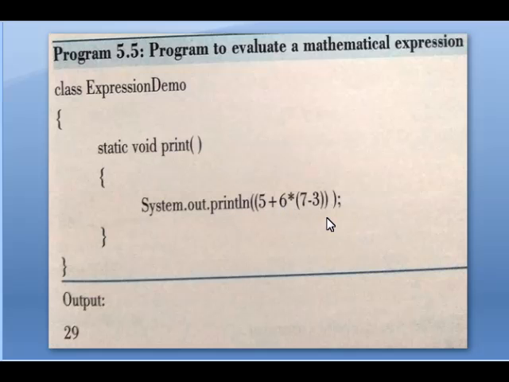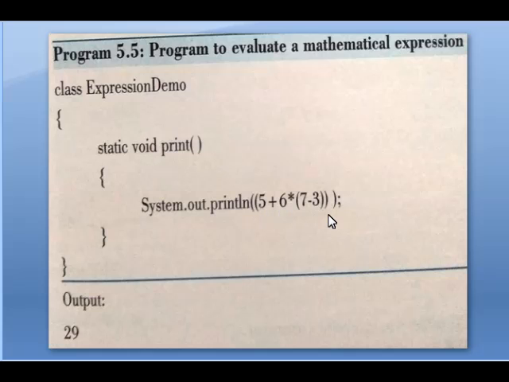So here there are two brackets for the expression. Here you are seeing three closed brackets, one for the statement. This statement System.out.println also has a bracket, and these two brackets are for the expression.